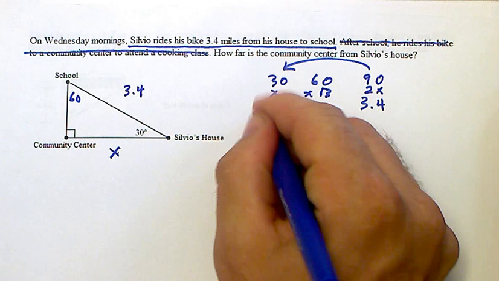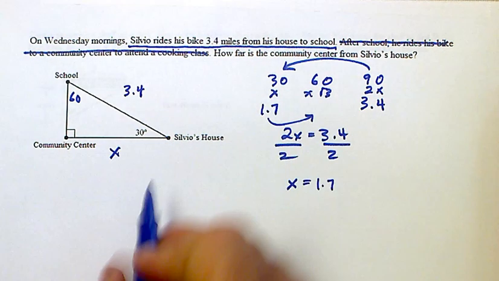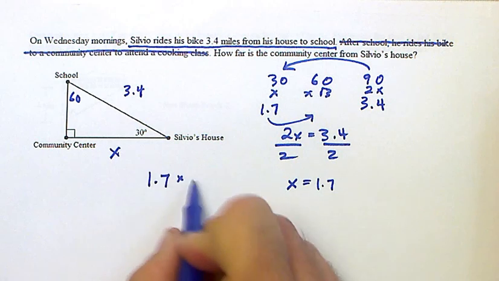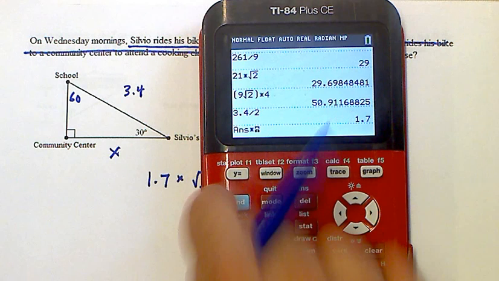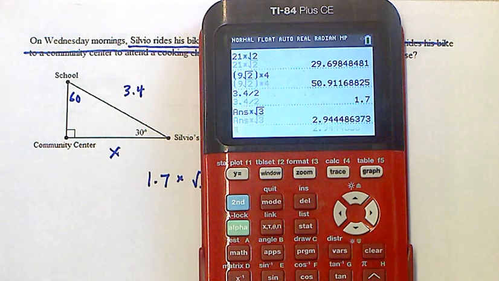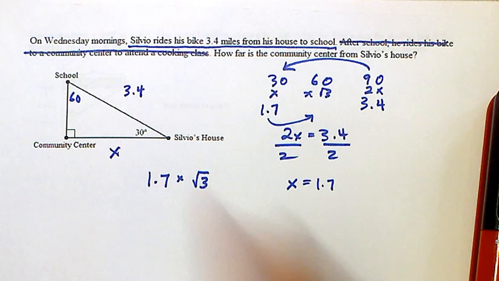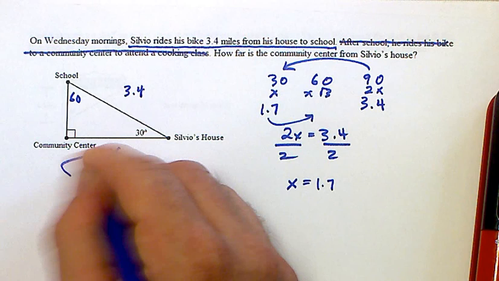And then if I want the side opposite 60, I'm going to multiply by square root of 3, so 1.7 times my square root of 3. I could just do that here on the calculator, and 2.94 would be the answer for this here. That would be my side opposite.